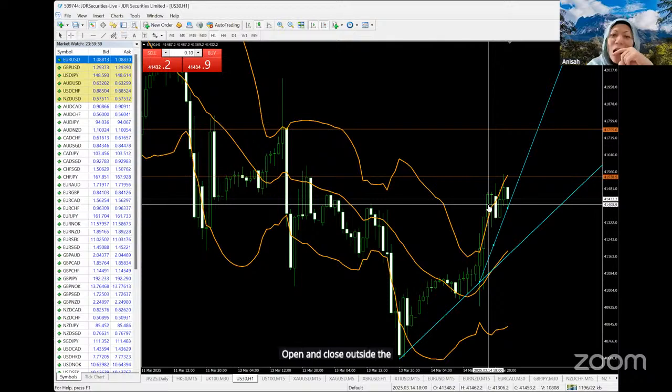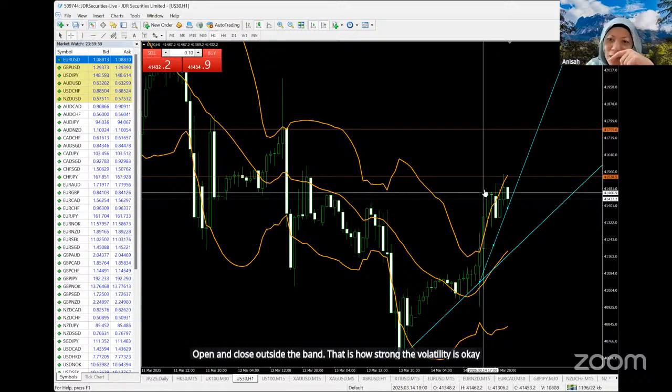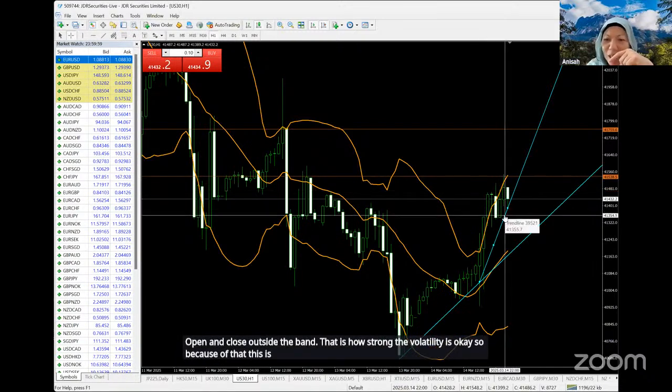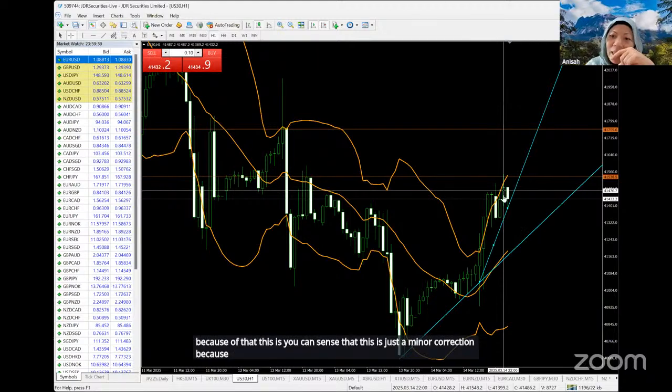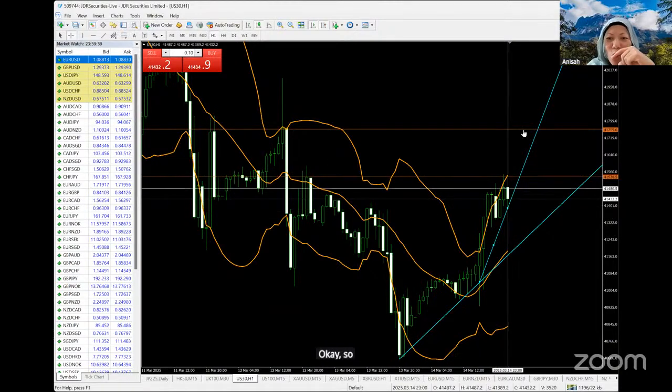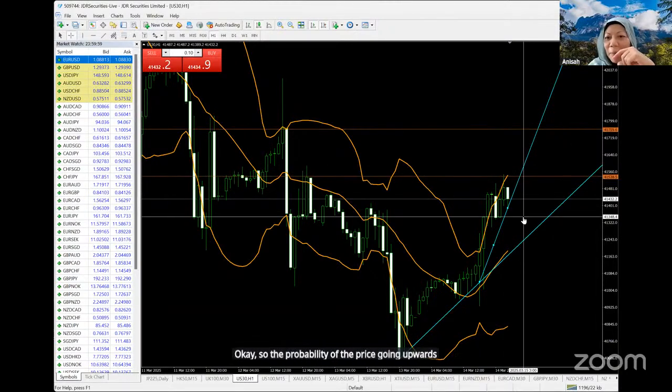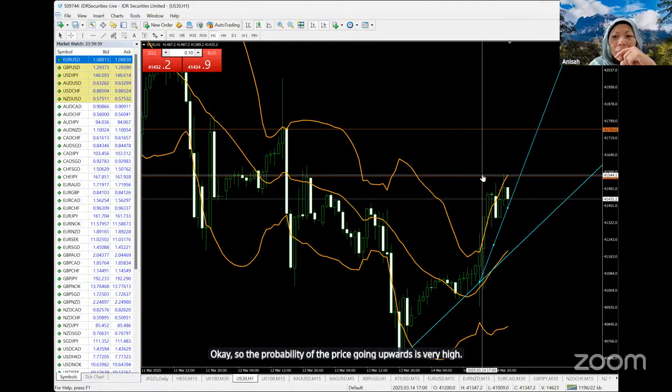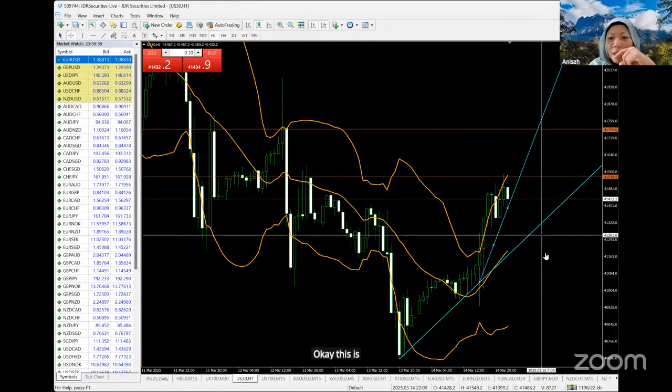That is how strong the volatility is. Because of that, you can sense this is just a minor correction, because they still linger with the upper band line here. So the probability of the price going upwards is very high. This is just a minor retracement.